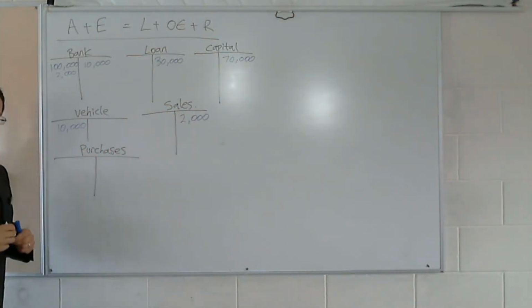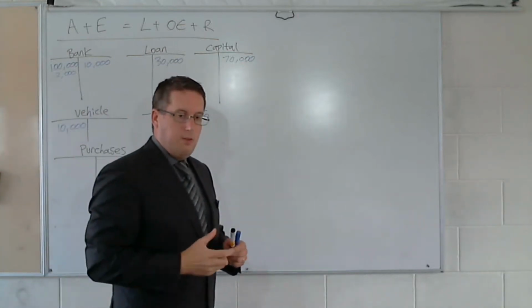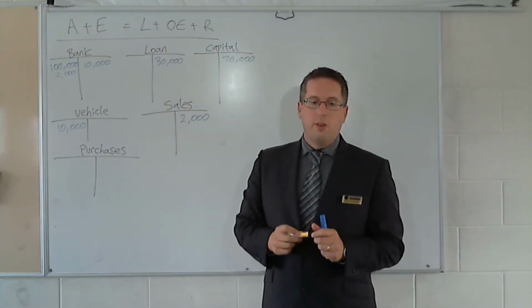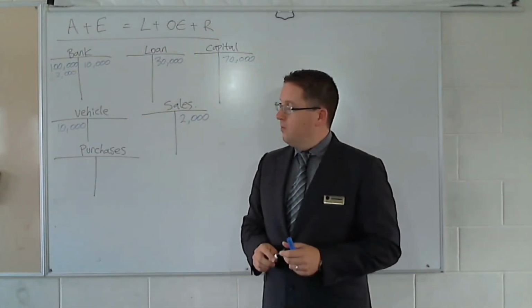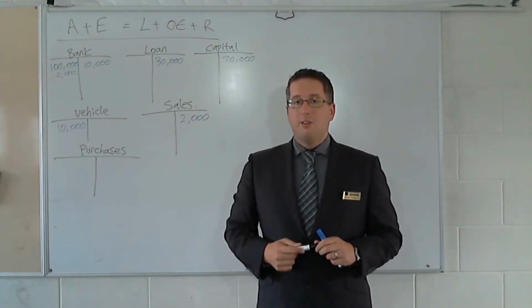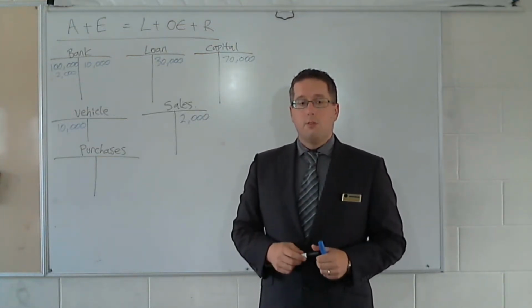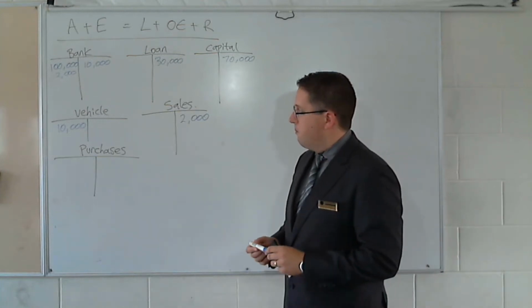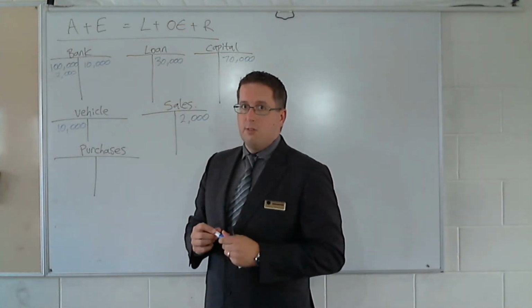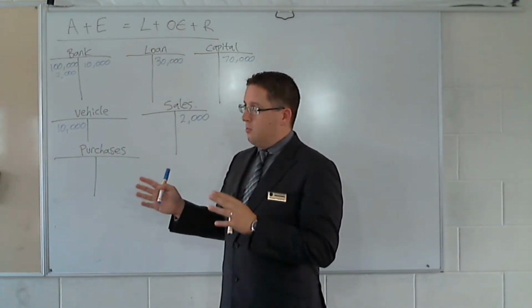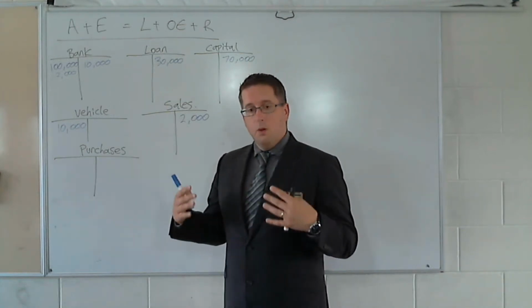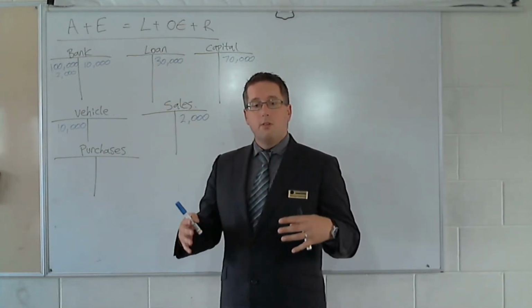And it's going to be called purchases. Now, if you look at your chart of accounts, you'll see what element that belongs to. But purchases is an expense. It's a cost of running the business. So we've got some costs to the business. Again, think expenses. Okay, my expenses or the costs of the business have actually gone up.